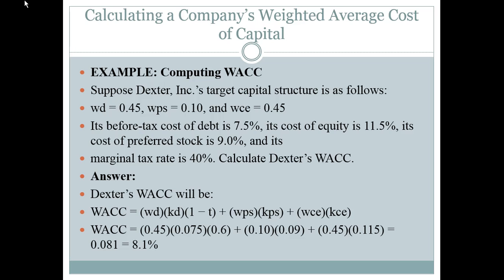Therefore, to find the answer, the WACC will be equal to 0.45 multiplied by 0.075 times 0.6, plus 0.1 multiplied by 0.09, plus 0.45 multiplied by 0.115, which gives us 8.1%.